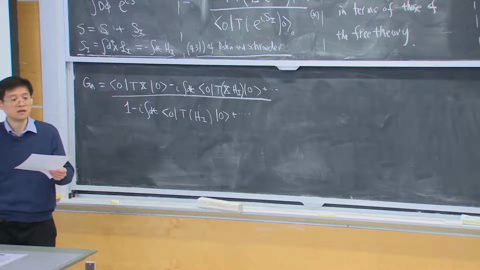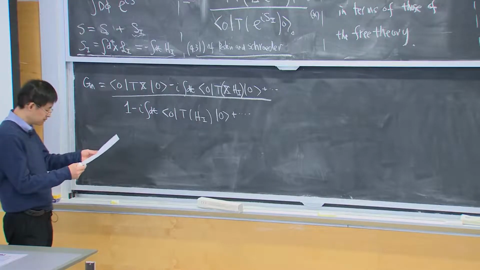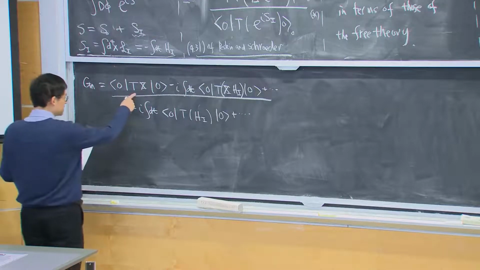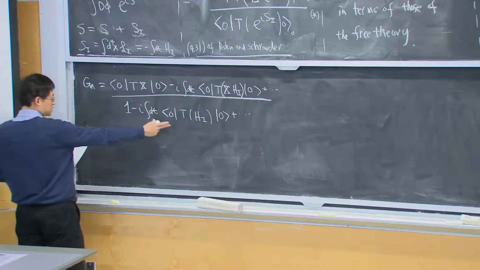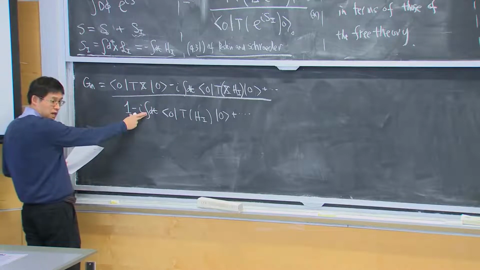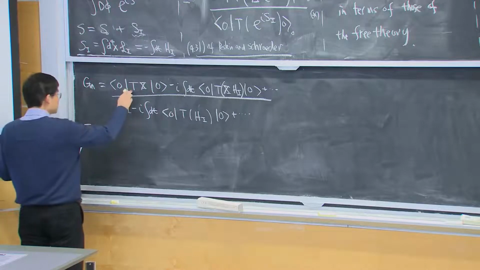You do the Taylor series expansion, since you always assume the interacting part is small, so you can Taylor expand the downstairs also. This will be reduced to, say, the first order.